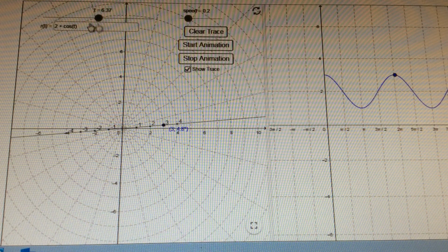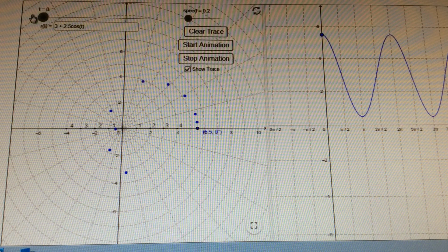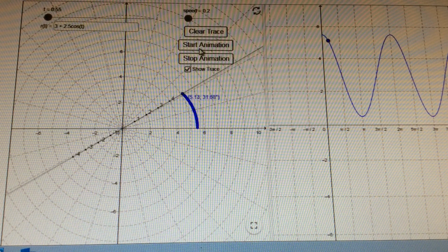Let's clear this and let's make this 3, and we'll make that a 2.5. So it almost is enough. Let's clear this trace, start at 0 and clear it again. Start the animation again. You can play with this as much as you want.